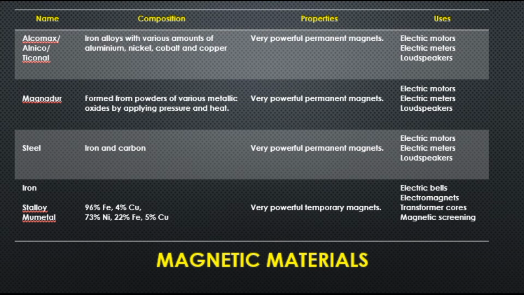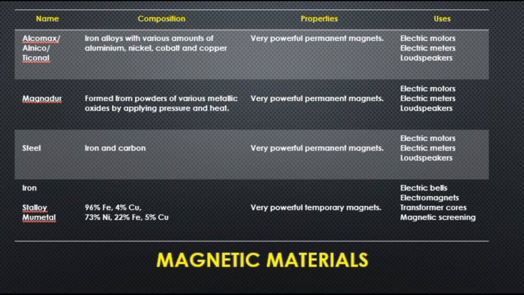Steel. Composition, iron and carbon. Properties, make very powerful permanent magnets. Uses, electric meters, electric motors, loudspeakers.